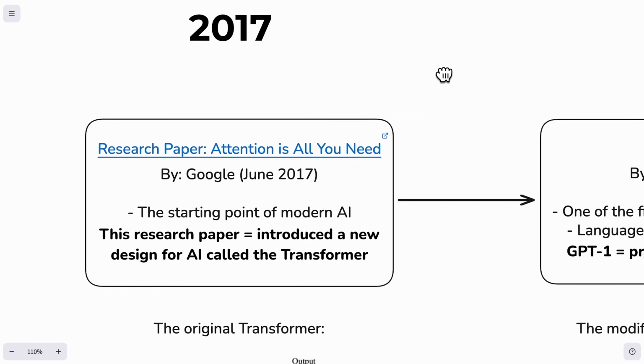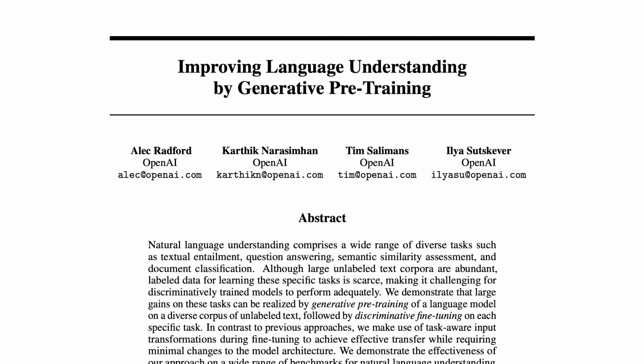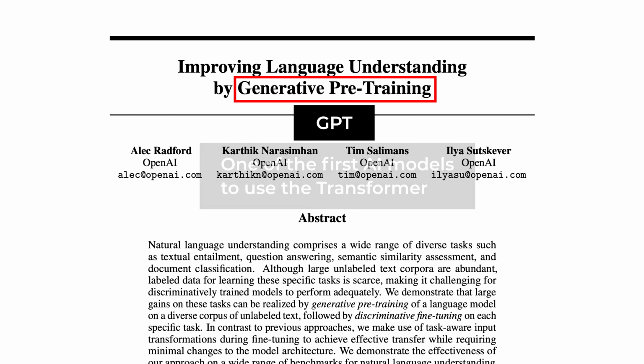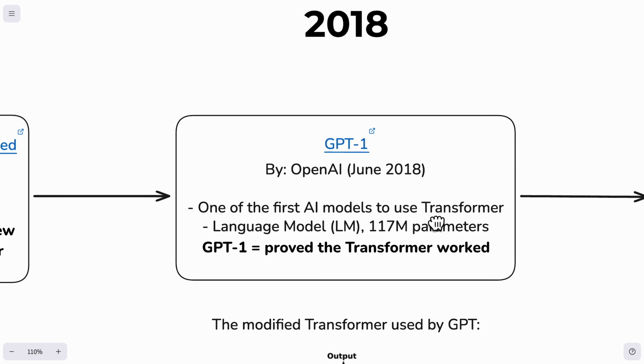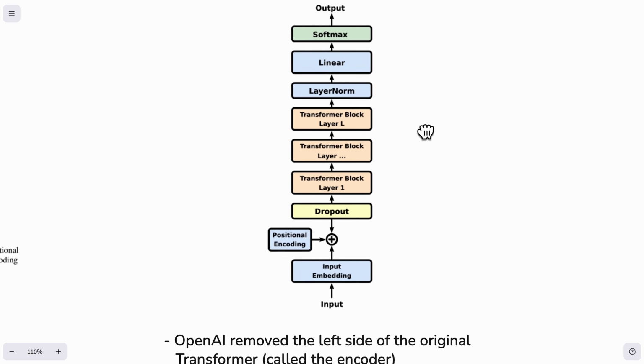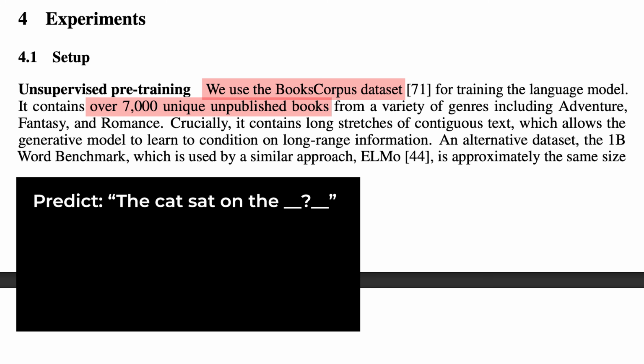Following this research paper, in 2018, OpenAI created the language model GPT-1, which was one of the first AI models to use the transformer. Now, GPT-1 actually used a modified version of the transformer, which you can read about down here. GPT-1 was trained by giving it a large amount of text, around 7,000 books, and training it to predict the next word in a sequence of words.